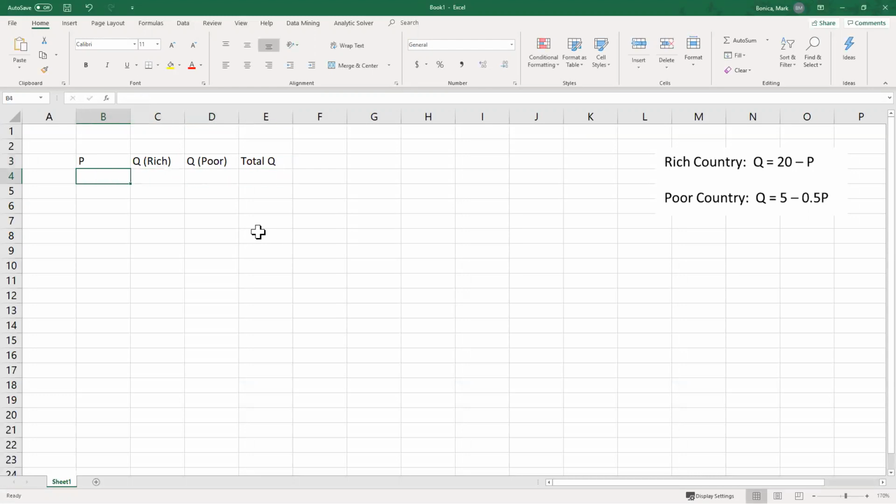So if we sell at a price of 1, the rich country is going to want 20 minus the price of 1. And the poor country is going to be able to buy 5 minus 1/2 times the price of 1. And so at a price of 1, the rich country would buy 19, the poor country would buy 4.5, for a total of 19 plus 4.5 or 23.5.